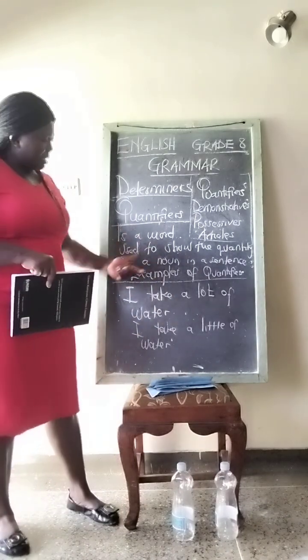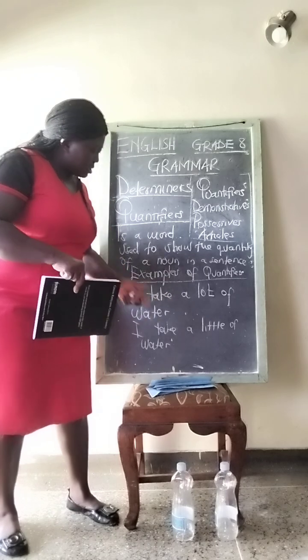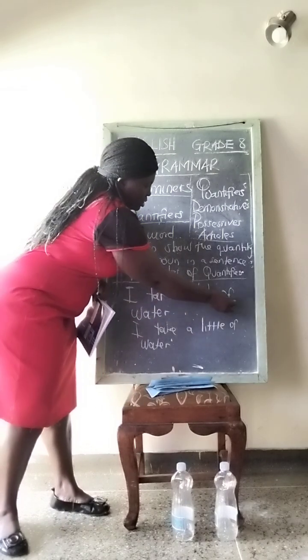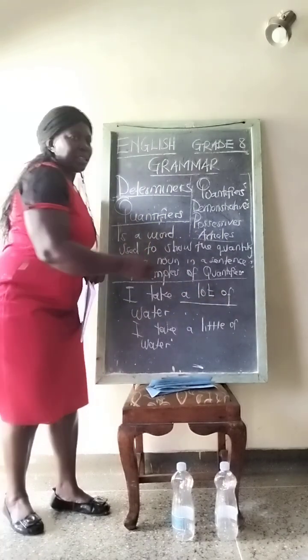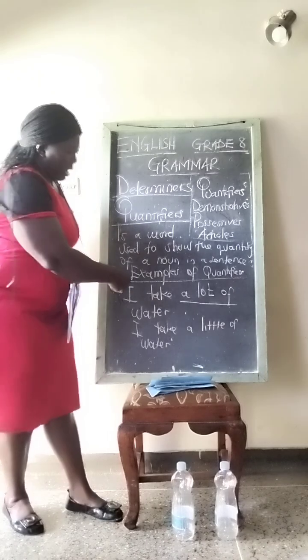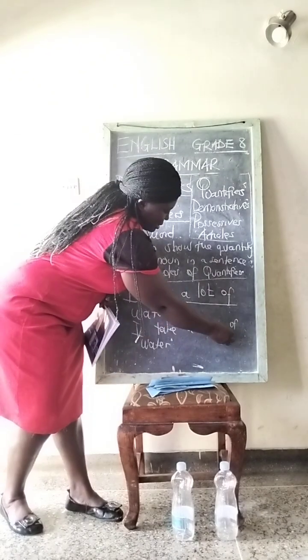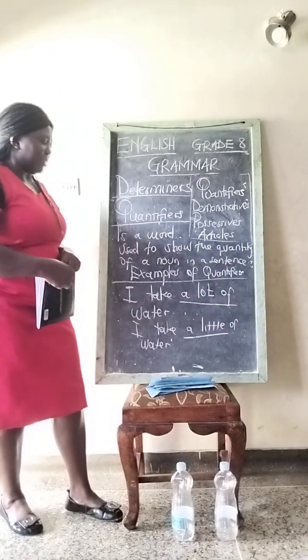So in this sentence, I take a lot of water. So a lot of is a quantifier, and the other one, a little, is also a quantifier.